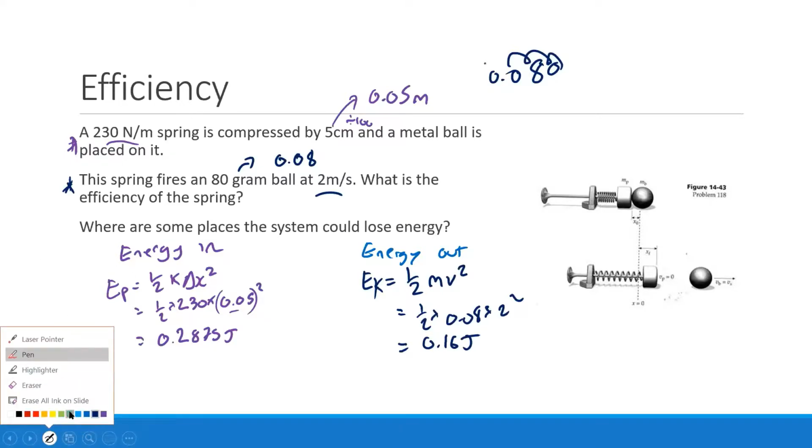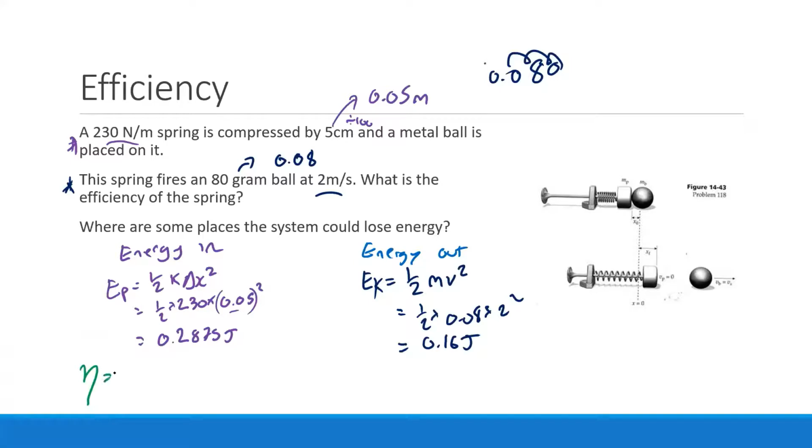So that means our efficiency, I'm still getting used to how to write this symbol, equals energy out over energy in, equals 0.16 divided by 0.2875, which is 56%. That is the efficiency of the spring.